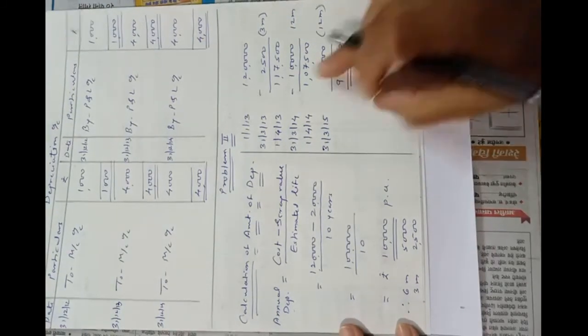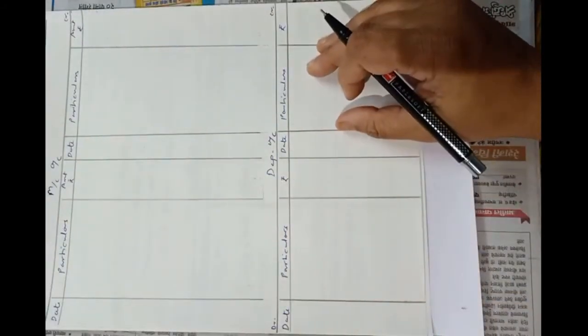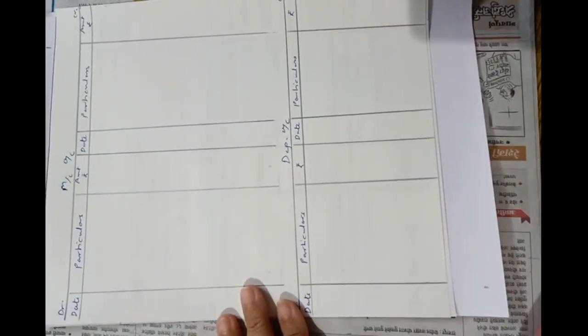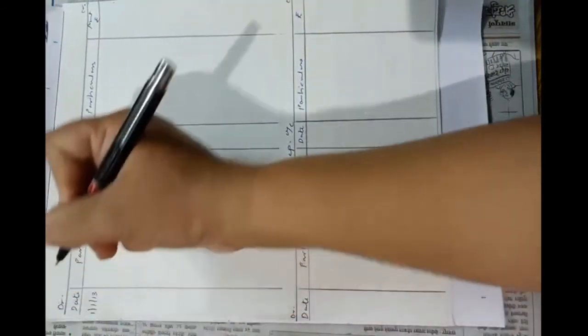अंडरस्टूड? आता आपल्याला हे जे वर्किंग आहे ते वर्किंग अकाउंट्समध्ये पोस्ट करायचं आहे. Here we have to prepare machinery account and depreciation account. First entry will be on 1st January 2013.